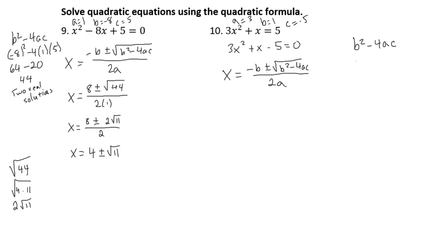And so that will give us 1 squared minus 4 times 3 times -5. And so that'd be 1 plus 12 times 5, which gives you 60. Add those together, you get 61. So the 61 lets us know we'll have 2 real solutions.